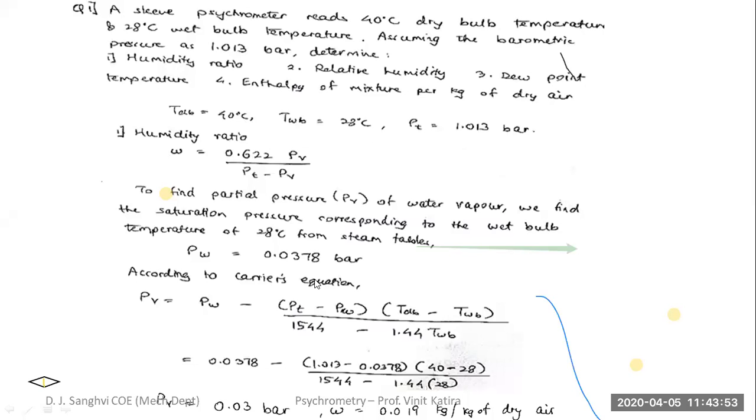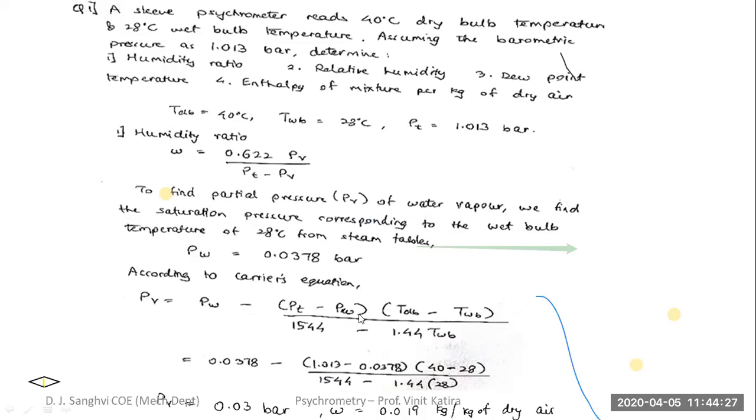To find PV, we have to use Carrier's equation. Please note, you will have to remember this equation. PV is equal to PW minus (PT minus PW) into (T dry bulb minus T wet bulb) upon (1544 minus 1.44 T wet bulb).